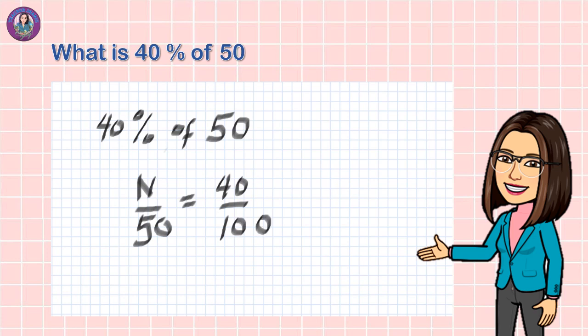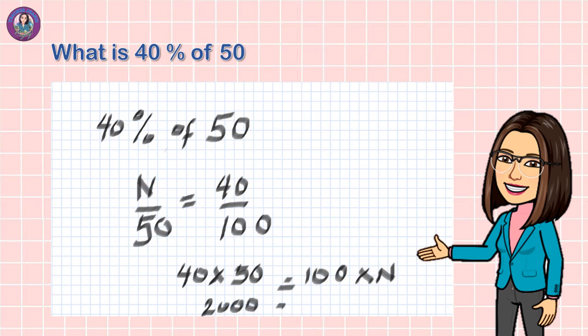Since the product of means is equal to the product of the extremes, then that is 40 times 50 equals 100 times n. Solving the proportion yields 2000. 40 times 50 is 2000 equals 100 times n.